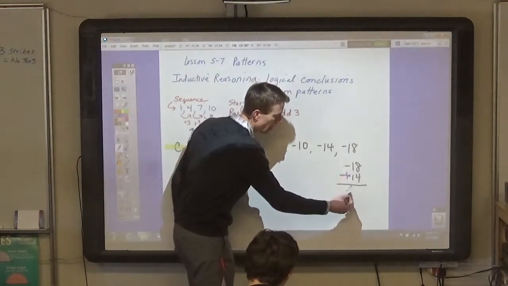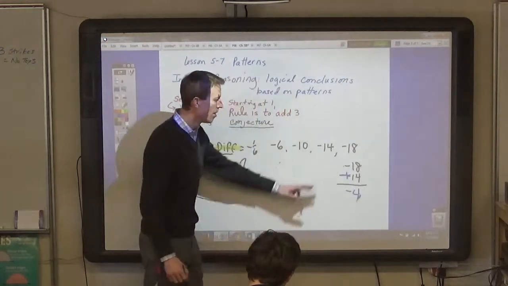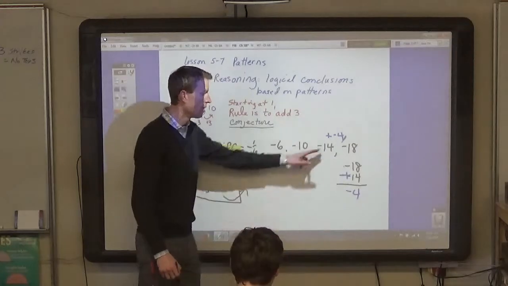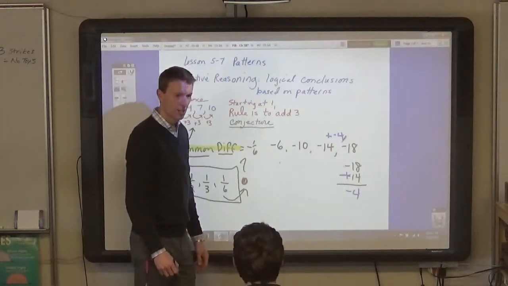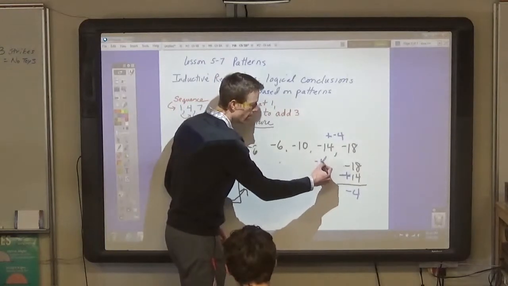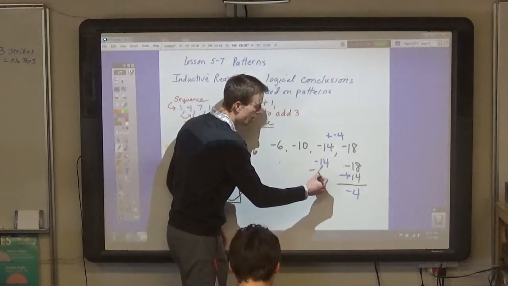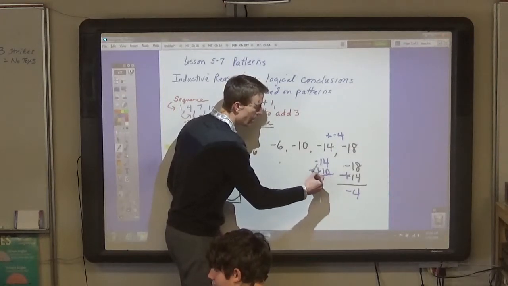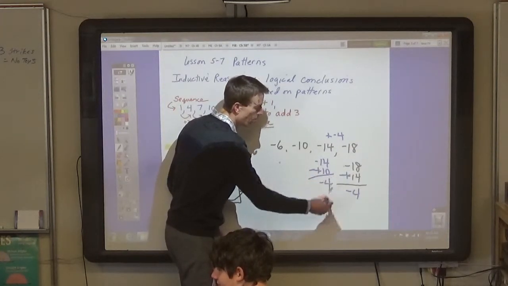Negative 4, right? So if we add negative 4, you get the next one in the sequence. And if you do the same thing, negative 14 minus negative 10, again, you get negative 4.